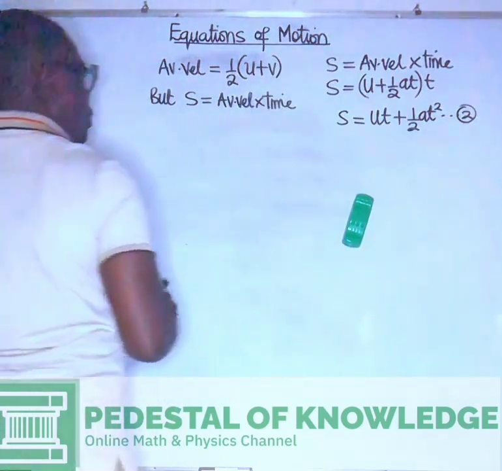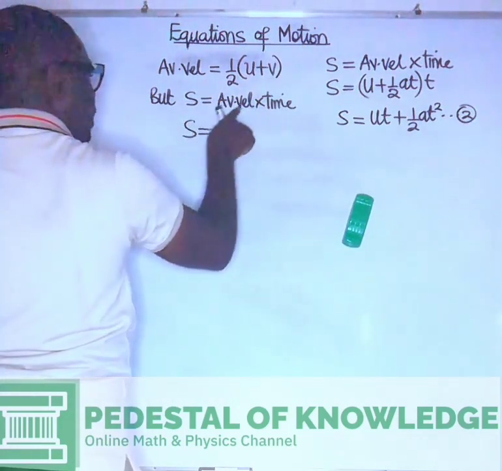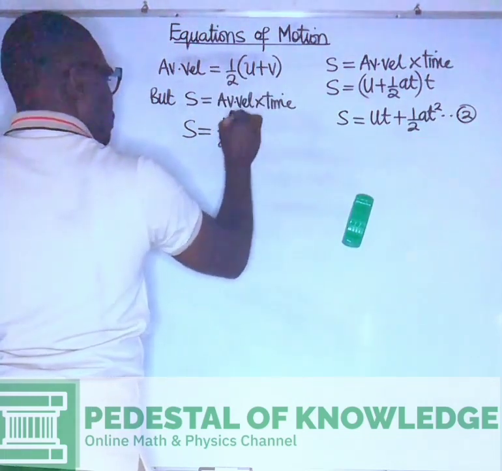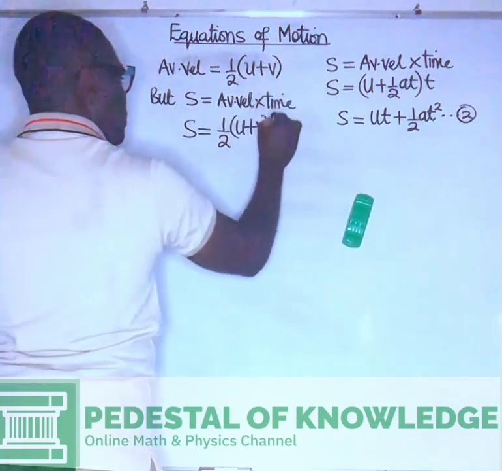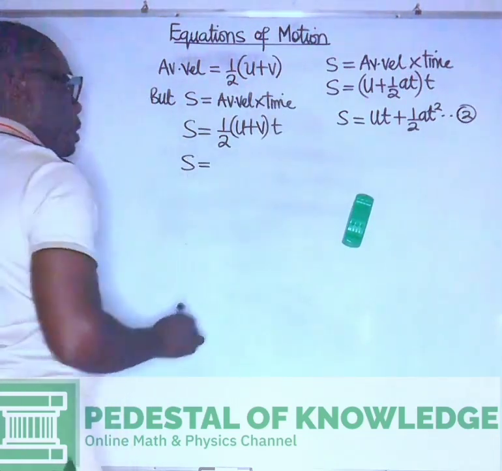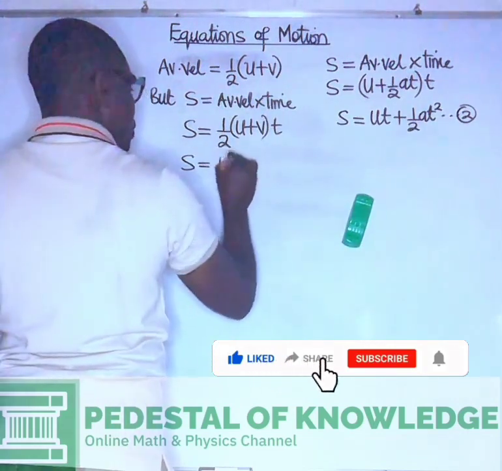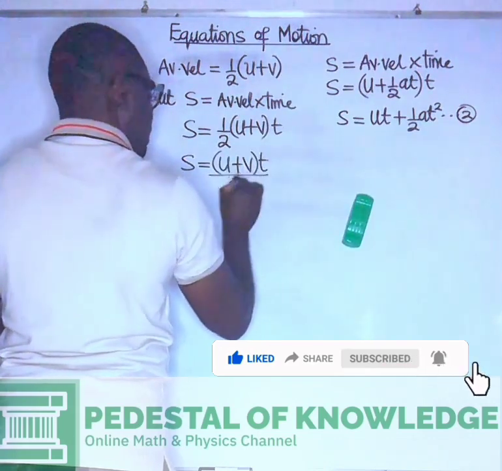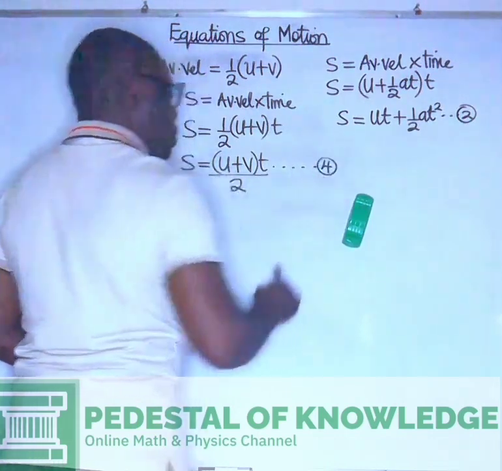All right, so now that means that the displacement s now is equal to average velocity, which is half u plus v. So we have half u plus v multiplied by the time t. So s is now equal to half u plus v multiplied by t, can also be written as u plus v multiplied by t divided by 2. Now, this is the fourth equation of motion.